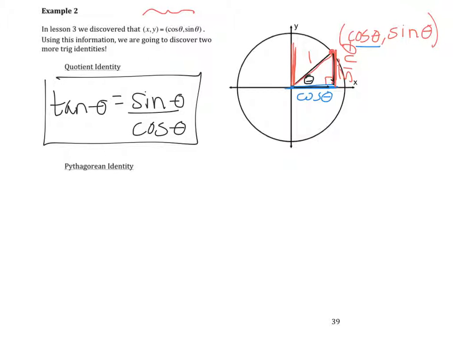As far as the Pythagorean identity is concerned, we know that the Pythagorean theorem is a squared plus b squared equals c squared.